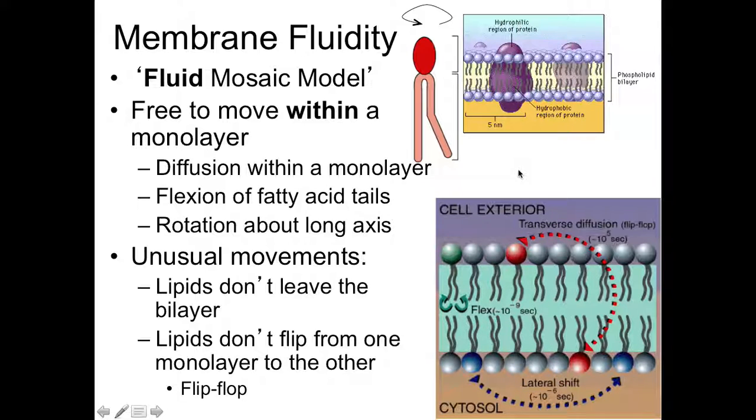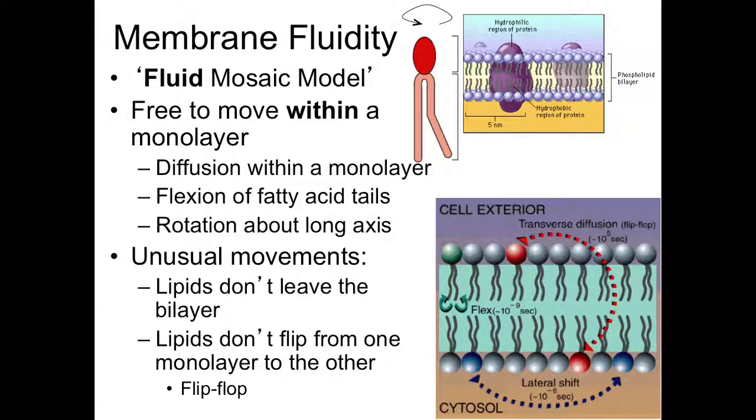Now, we talked about the cytosolic monolayer and the non-cytosolic monolayer, and we said that they have different compositions, right? The outside of the cell is associated with carbohydrates, and the inside of the cell is associated with the cell cortex. Now, we haven't talked about membrane synthesis.